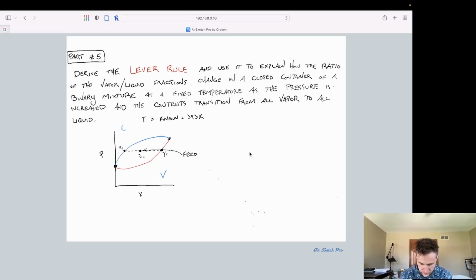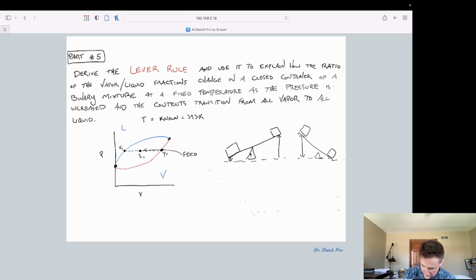Now the reason we call it a lever rule is because it's going to operate like a seesaw. And so if you have a bunch of the weight here, then that means this is going to be elevated. The closer this is to the ground, the further this is going to be off the ground. And then vice versa. If we push it the other direction, and this is really close to the ground, then this has to be off the ground.